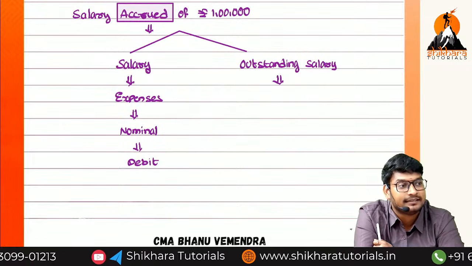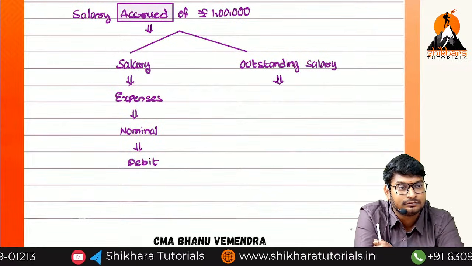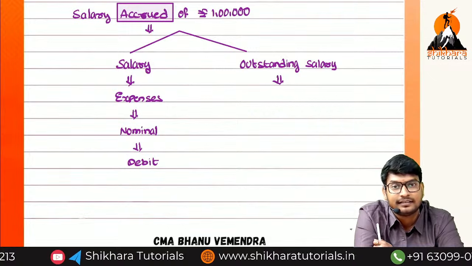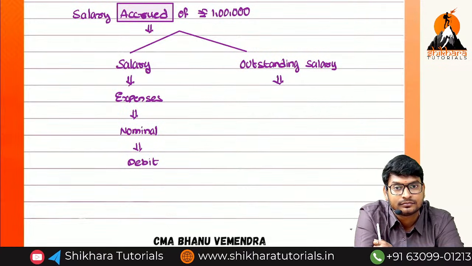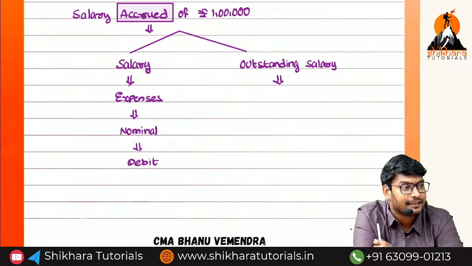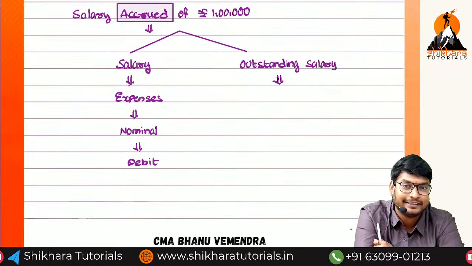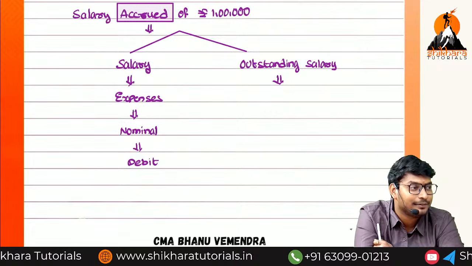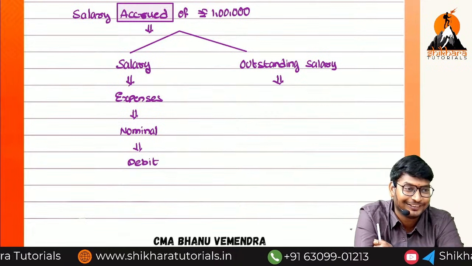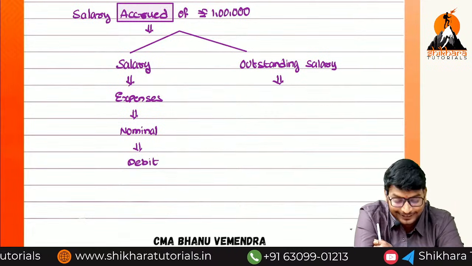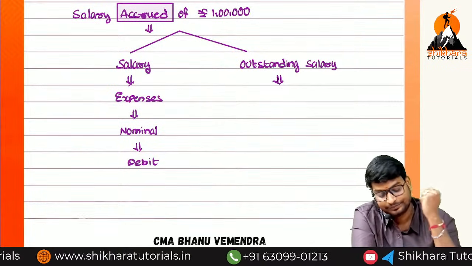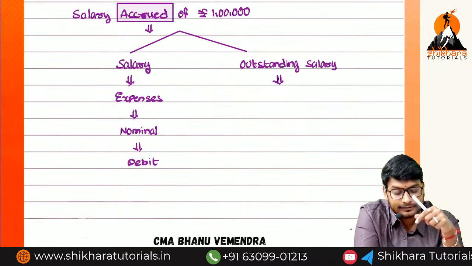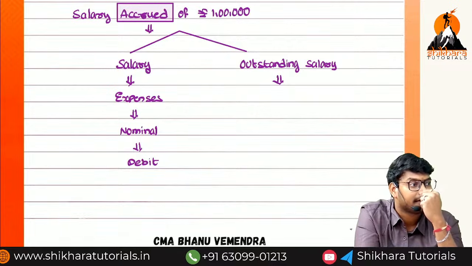Can you say the credit sales entry? What is the credit sales entry? Credit sales, not the credit purchases. Debtor account debited to sales account. Okay. That is the reason why you have debited there.